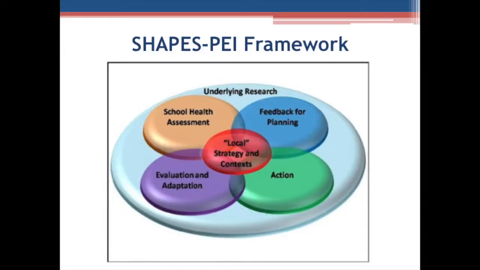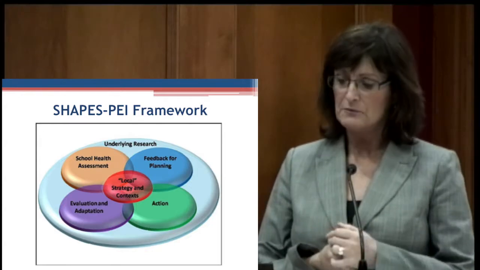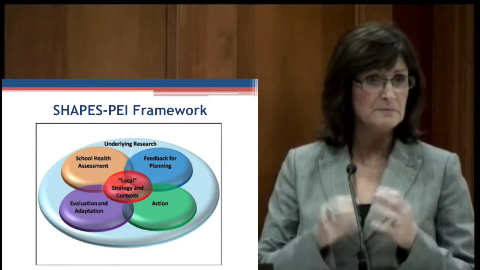So what we call SHAPES PEI, and you could call it SHAPES Nova Scotia if you like, or SHAPES New Brunswick, it doesn't matter. We just called our framework SHAPES PEI, and it's based on a model that I developed with colleagues in Waterloo as well as across Canada. And we call it a platform for learning. You can see the underlying is our research, but what we have is a school health assessment component.